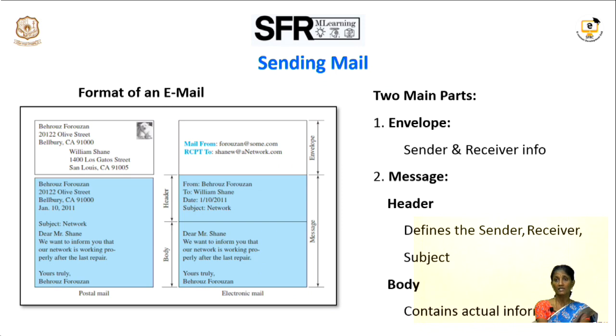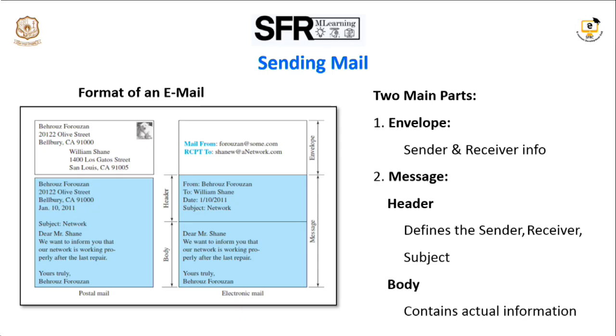Second is sending mail. From the user agent, we send mail to the receiver. This is similar to postal mail. There are two parts of the format of the email. First is the envelope and second is the message.